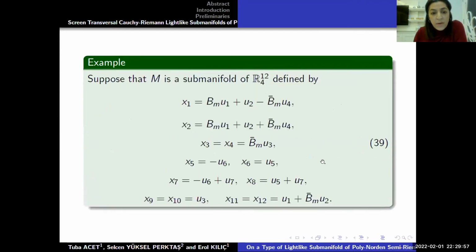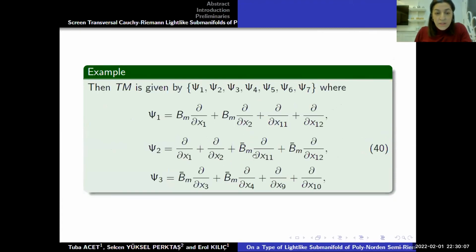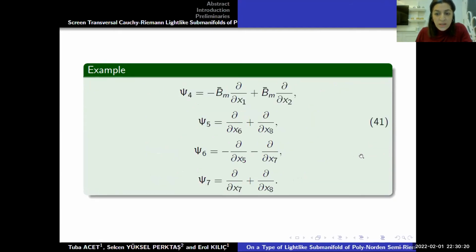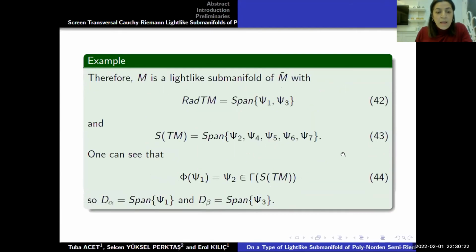Then we define a submanifold like this equation 39. And this is a 7-dimensional submanifold, and its tangent bundle is spanned by these 7 vector fields, which are given by 40 and 41.